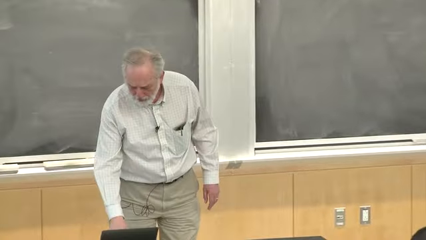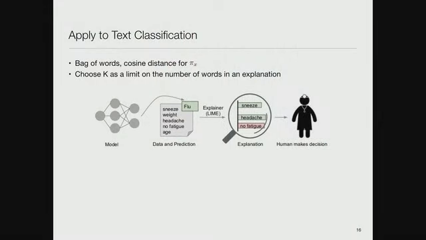Okay, so in the case of text, you've seen this example already. It's pretty simple. For their proximity function, they use cosine distance. So it's a bag of words model, and they just calculate cosine distance between different examples by how much overlap there is between the words that they use and the frequency of words that they use.